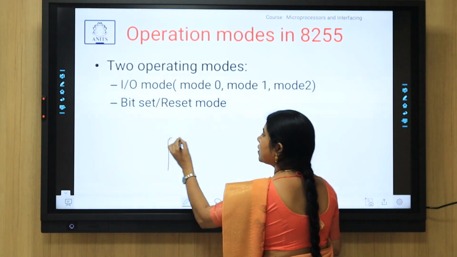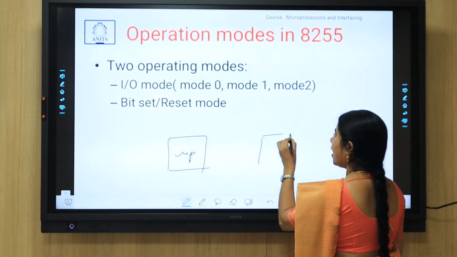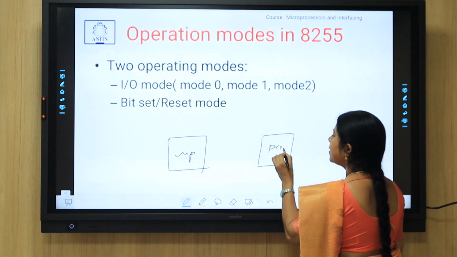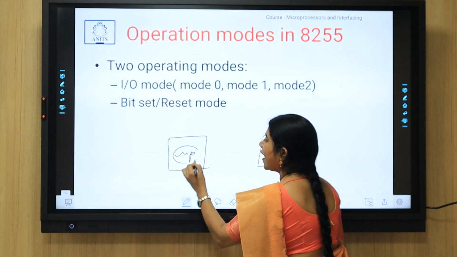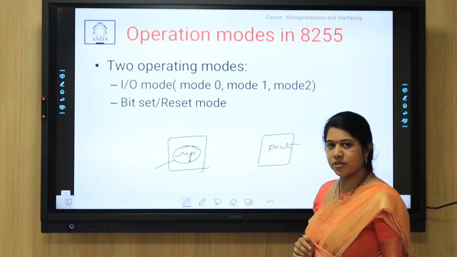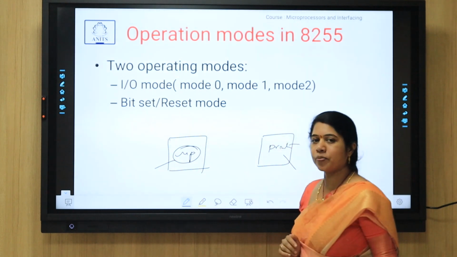For example, we have a microprocessor and we have a printer. Say we have a high-speed microprocessor, and the printer is of low speed compared to this microprocessor.